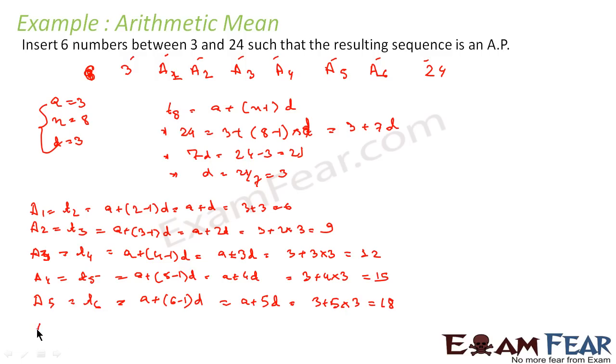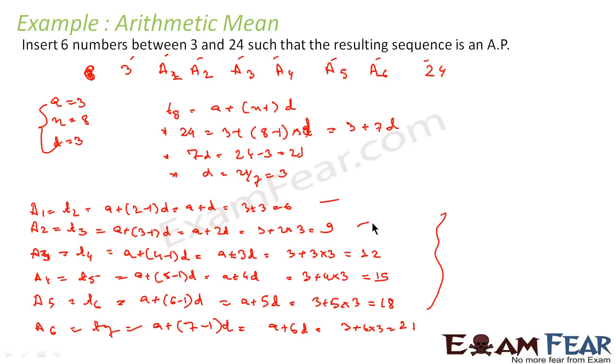Similarly, A6 is nothing but the seventh term, and this is a plus 7 minus 1 into d, that is a plus 6d, which is 3 plus 6 into 3, that is 18 plus 3, that is 21. So we have got all these terms: A1 to A6 are 6, 9, 12, 15, 18, 21.